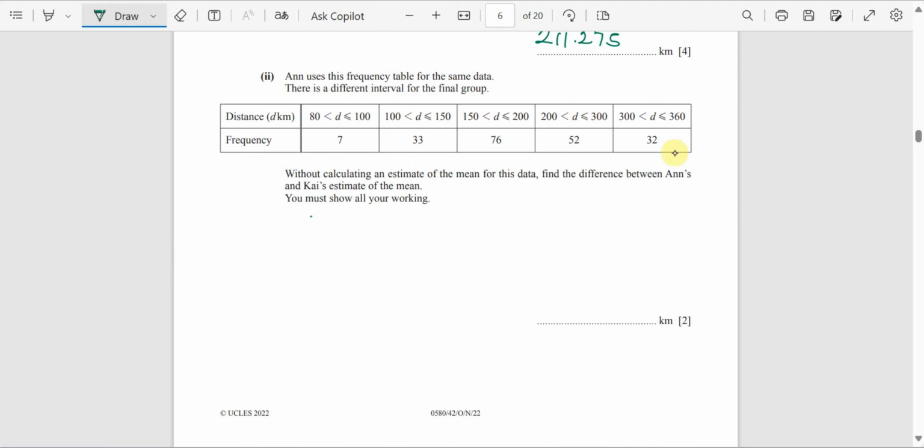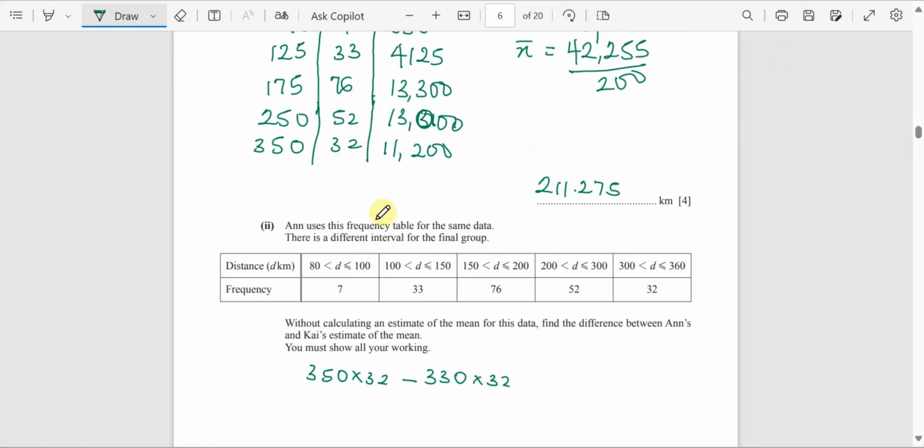So I have 350 times 32 minus, in this case, the midpoint is going to be 300 plus 360 divided by 2, and that's 330. 330 times 32.